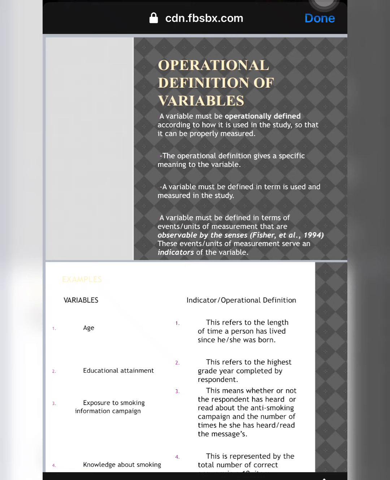Other words, ito ay tumutukoy ayon sa kung paano ito ginagamit sa pag-aaral upang ito ay maayos na masukat. At sinusukat sa pag-aaral, ito ay nagsisilbing isang tagapaghiwatig ng variable. Kung paano mo tutukuyin at susukatin ng isang partikular na variable habang ginagamit ito sa iyong pag-aaral.